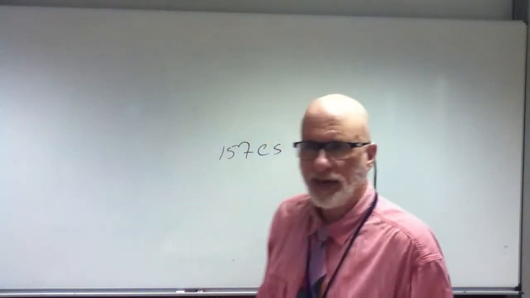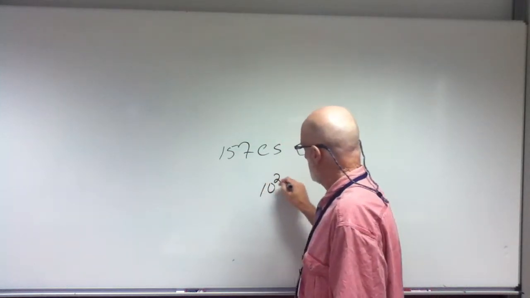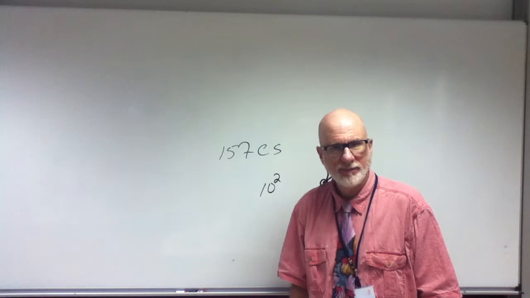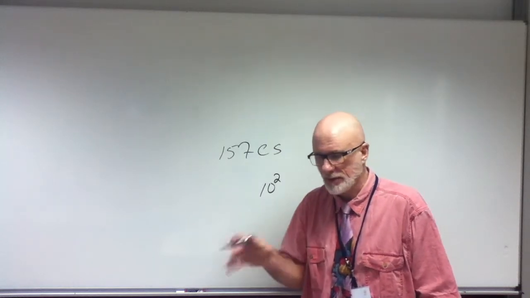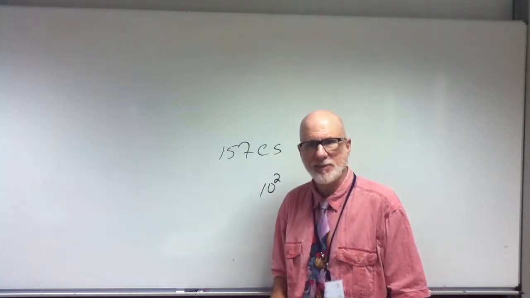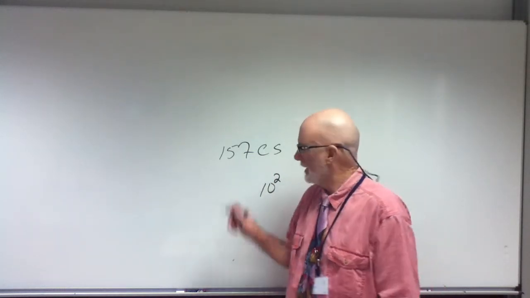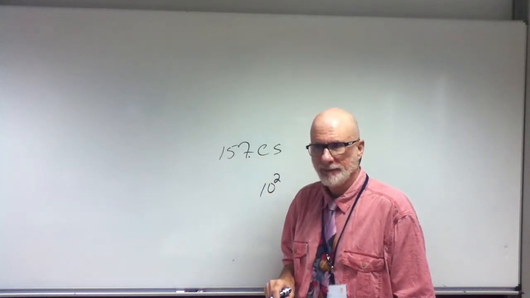What's the exponent? 100, right? How do you write that in exponents? 10 to the second, right? Isn't it? Yes or no? Yes. Okay, now, where's the decimal point here for 157? Where's the decimal point? Right here, isn't it? Isn't it? No, it's after the 1.